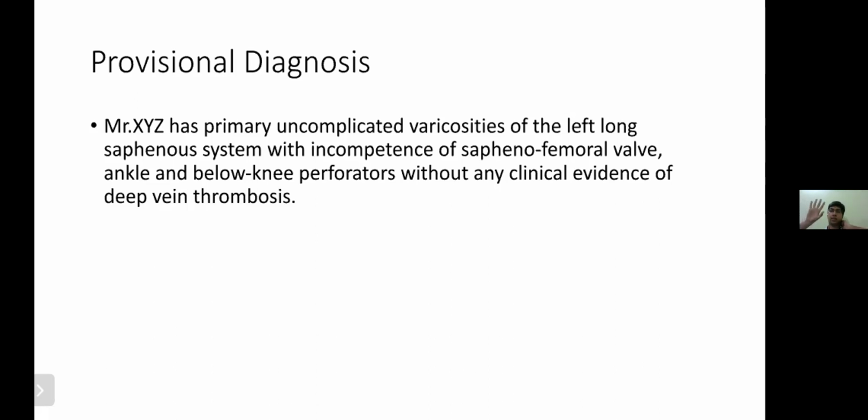Let's say that the patient has skin changes but nothing else, so C4. So etiology primary being EP, anatomically superficial, AS, and pathology being reflux, so PR. So C4, EP, AS, PR. Okay, so you have to specify it that way.